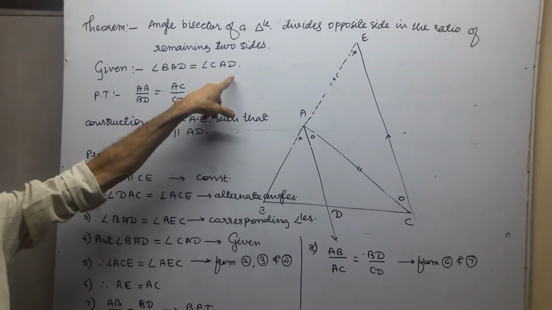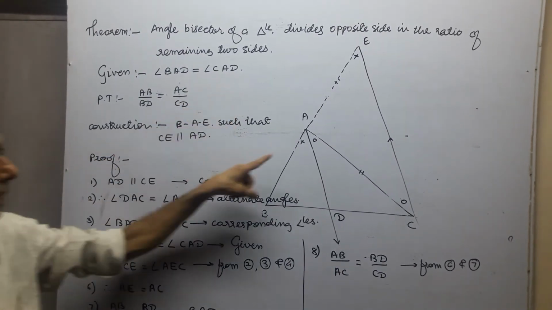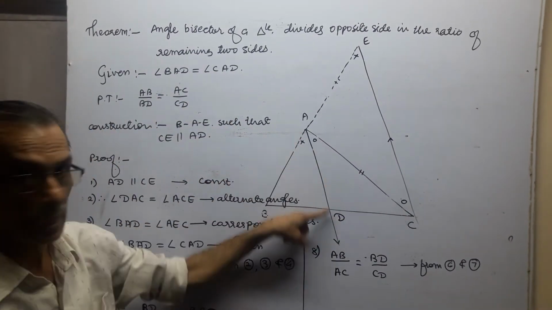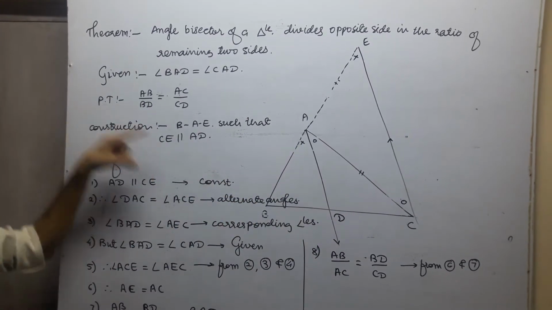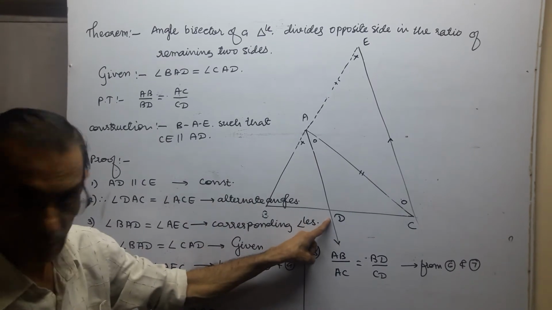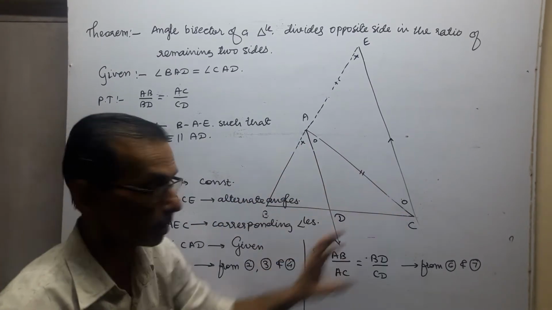Now here, the angle bisector theorem once again. Here triangle ABC and AD is the bisector of angle A, and we have to prove that AB upon BD is equal to AC upon CD.